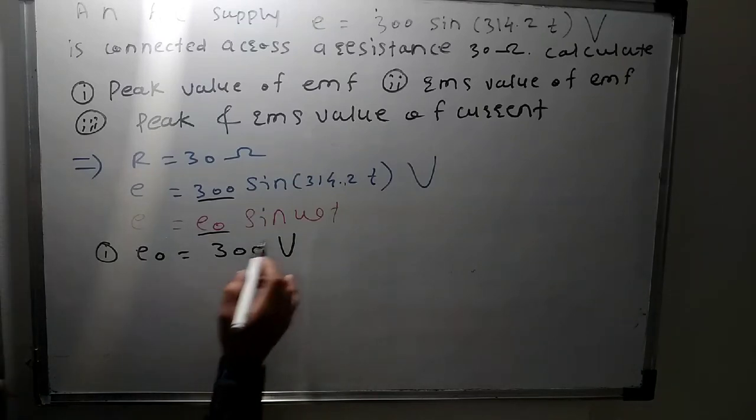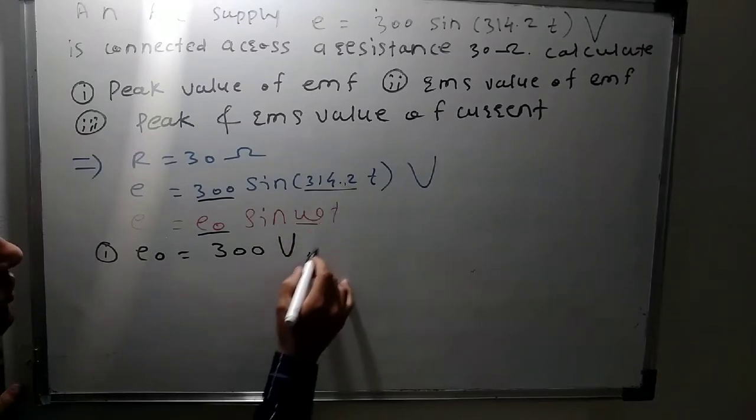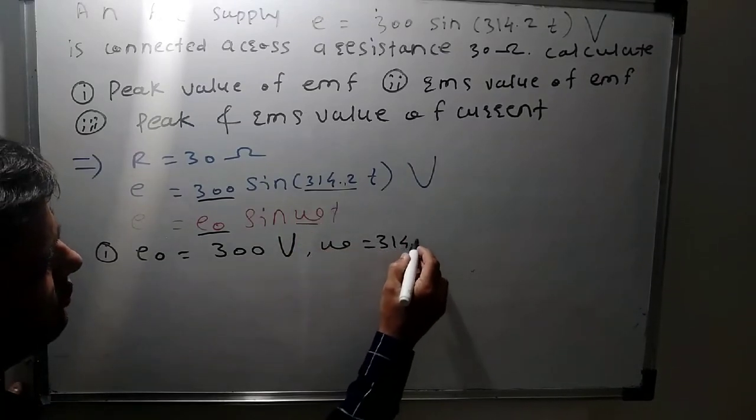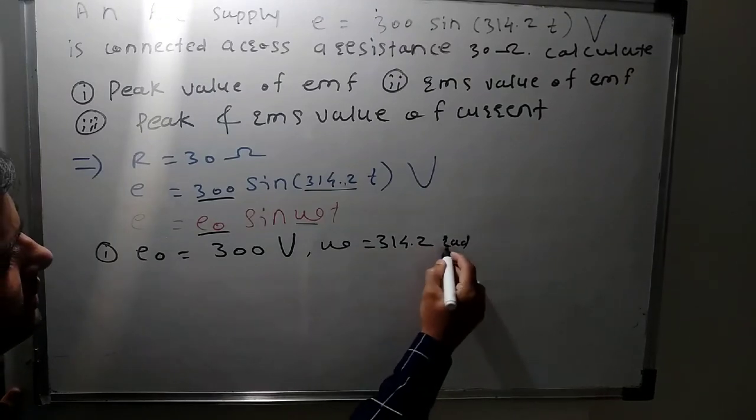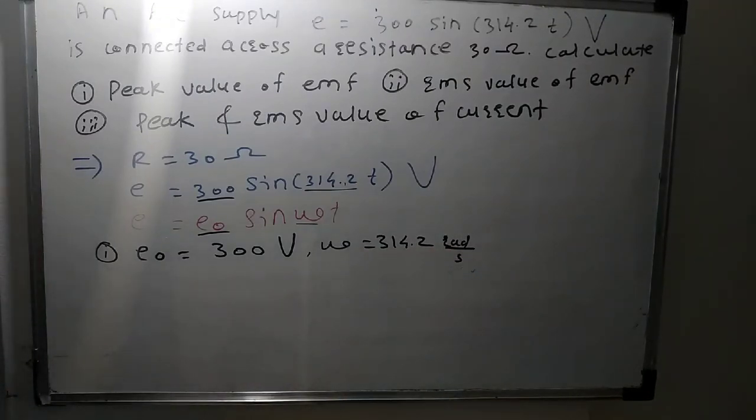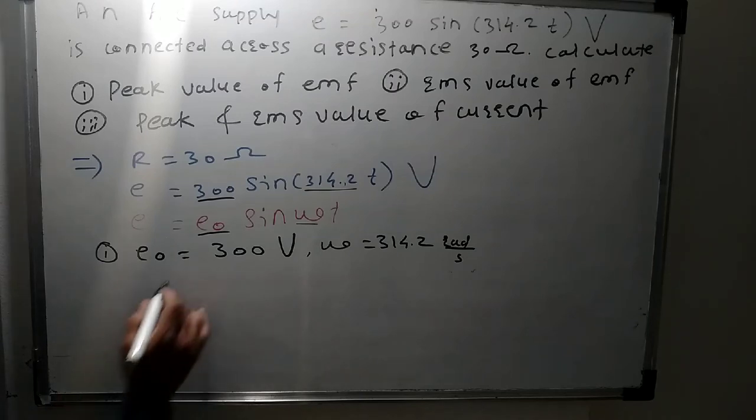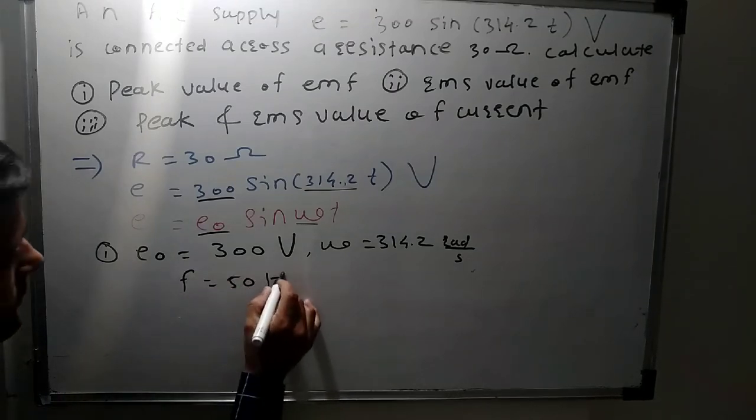Comparing the equations, what would be the value of omega? The value of omega is 314.2 radian per second. Then the frequency becomes 50 Hertz.